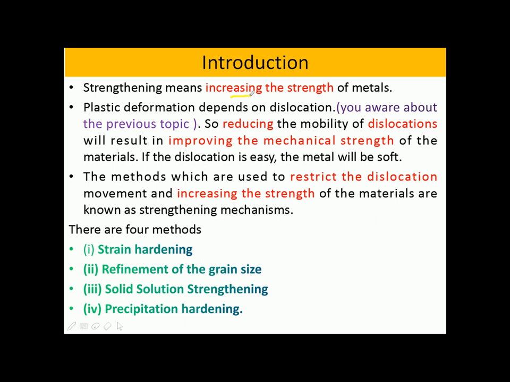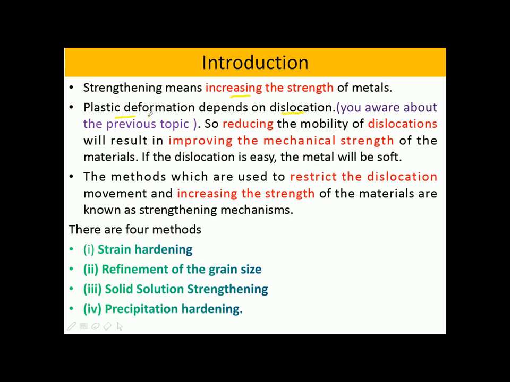Okay. Dear students, already we have learnt about plastic deformation and dislocations in the previous topic. When an external force or shearing stress is applied on a material, there will be a movement of atoms in many interatomic distances. So, dislocations are generated.